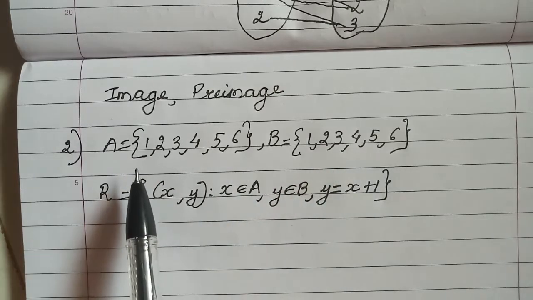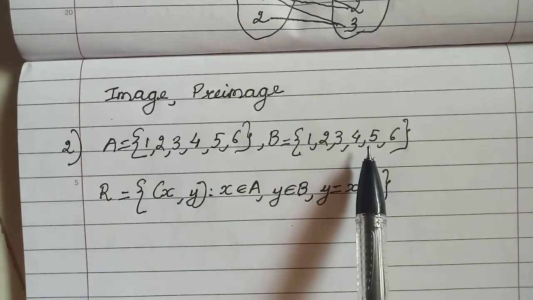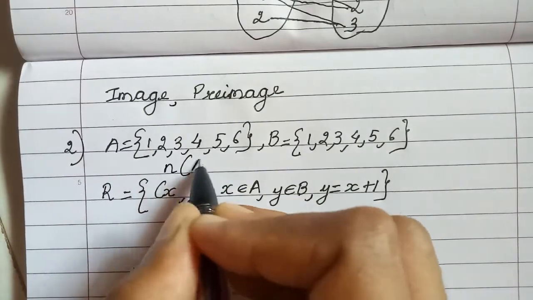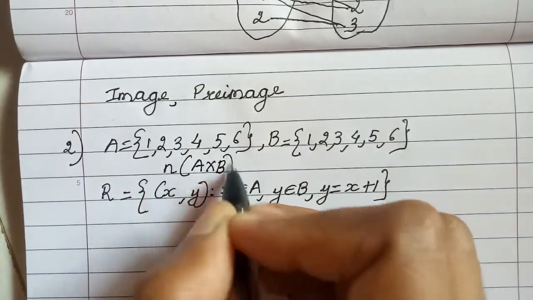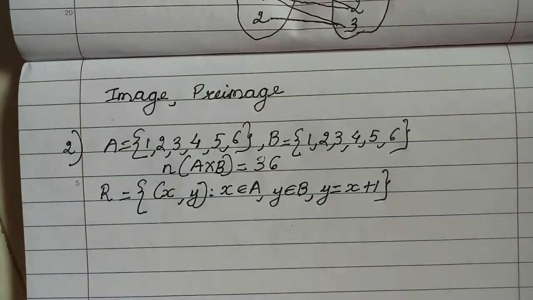You also know, children, that set A contains 6 elements and set B contains 6 elements. So the cardinality of A cross B, if you remember the last class, is n(A) times n(B). So it is 36.